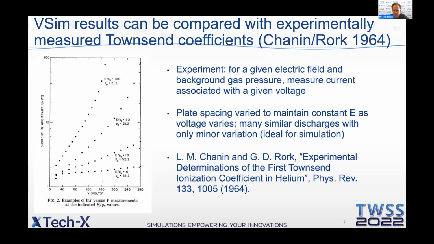And then you would, of course, need to add all the collision processes associated with the metastable states, and the cross sections are different. You could certainly do a more detailed look at that and what physics that brought in, and all the capability to do that is in VSim already. So you just need the cross sections and to put in all the reactions that you wanted. So that could certainly be done.